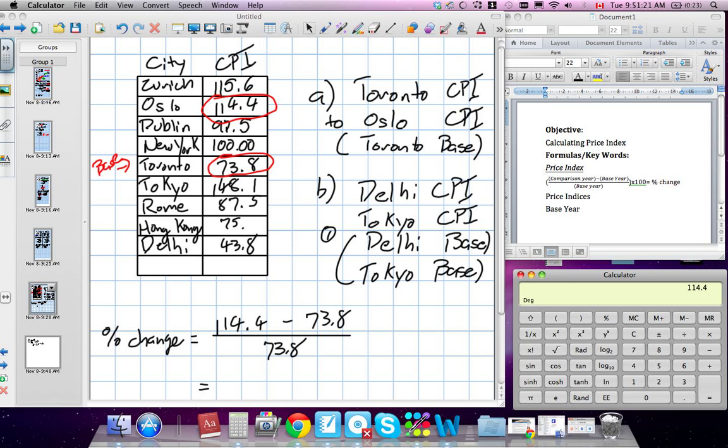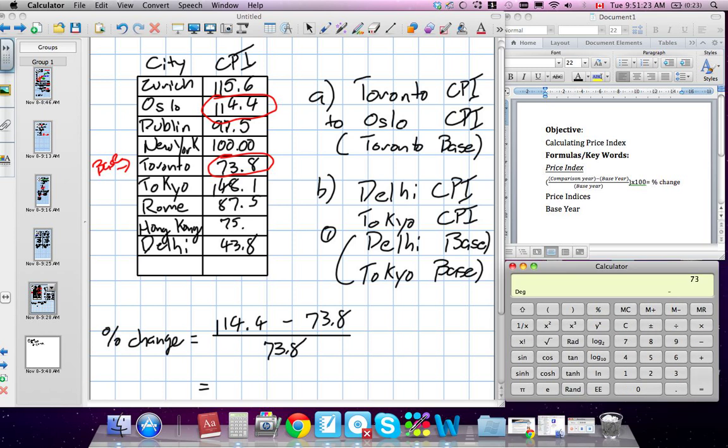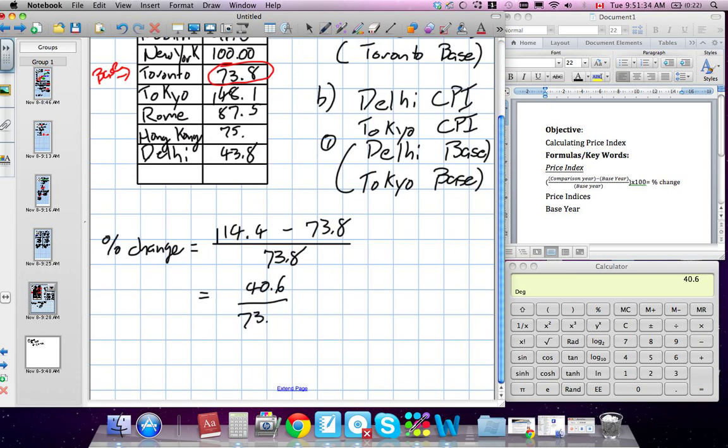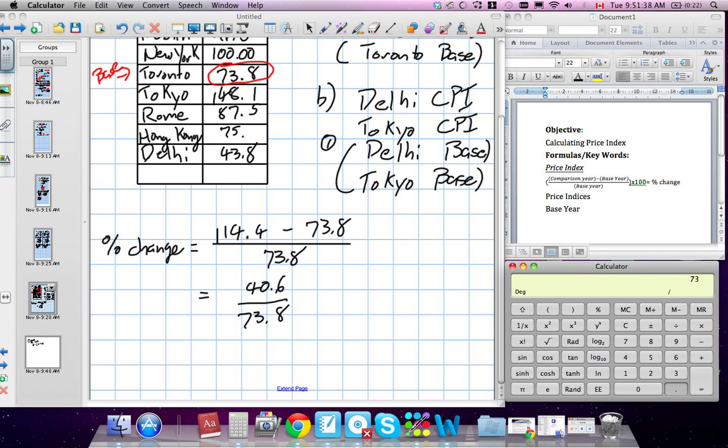So we take 114.4, subtract 73.8, 40.6. We divide by what we had as our base year, 73.8.